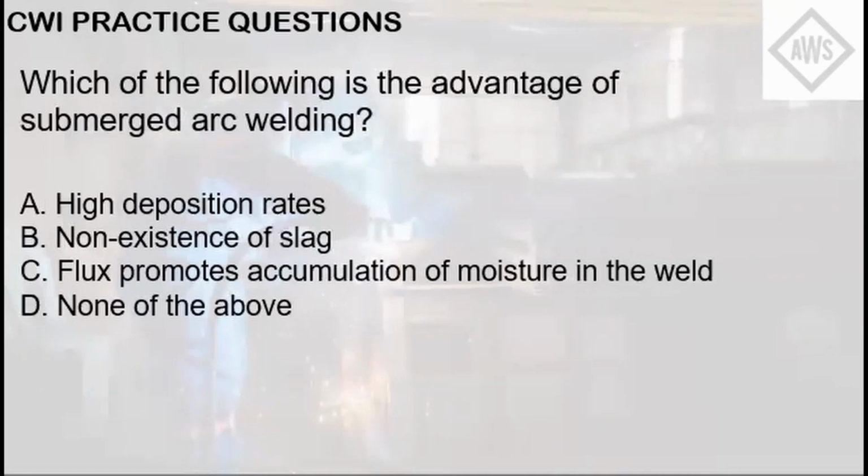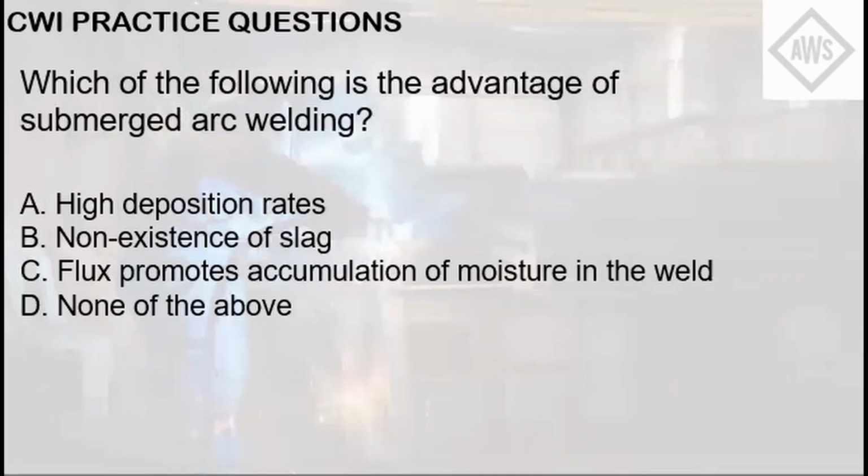So basically, you have slag in it, but you can just remove it easily because it just covers the weld arc. It doesn't stick on the weld, unlike stick welding. Flux promotes accumulation of moisture? That cannot be further from the truth. Flux prevents moisture from getting into the weld, that's why it's covering it.